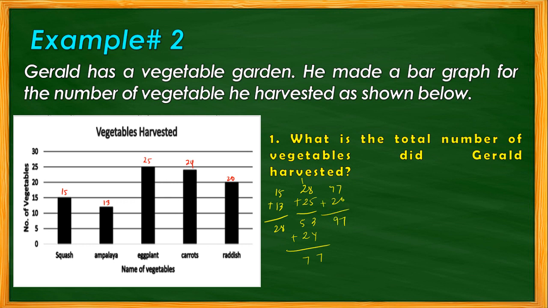So, all in all, we have 97 vegetables. So that would be the total number of vegetables harvested by Gerald.